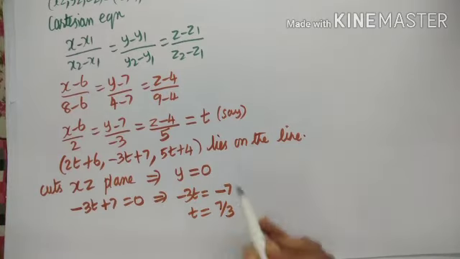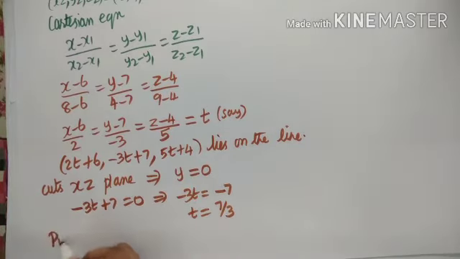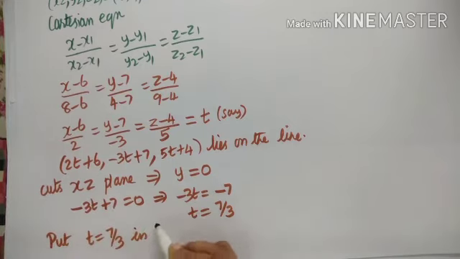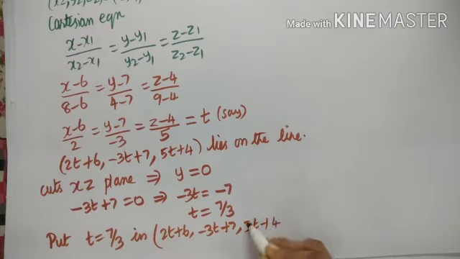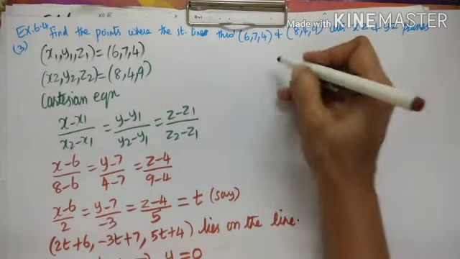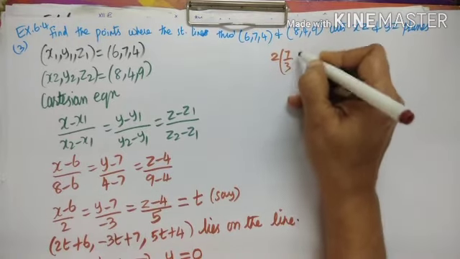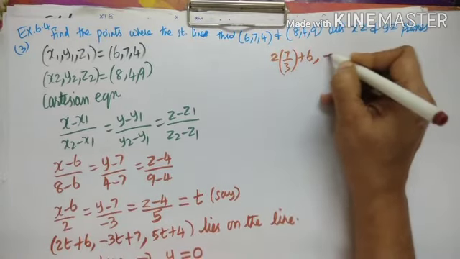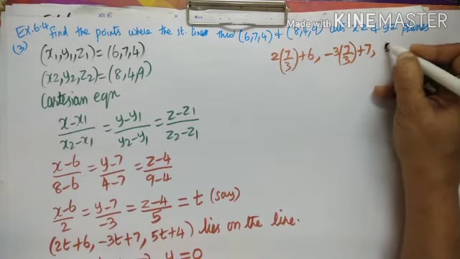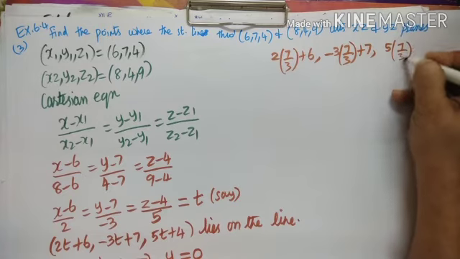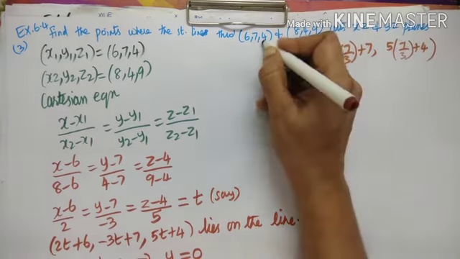Put 7 by 3 in the point. We substitute t equal to 7 by 3 in 2t plus 6, minus 3t plus 7, 5t plus 4: 2 into 7 by 3 plus 6, minus 3 into 7 by 3 plus 7, 5 into 7 by 3 plus 4.